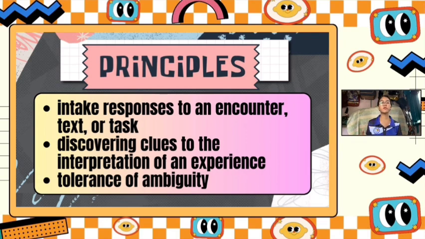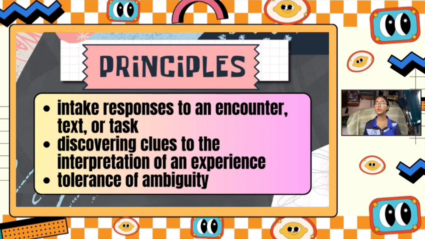Incorporating reflective exercises such as journaling or group discussions allows learners to analyze their experiences, question their assumptions, and develop nuanced understandings of other cultures. This practice transforms individual experiences into broader insights, promoting intercultural competence.